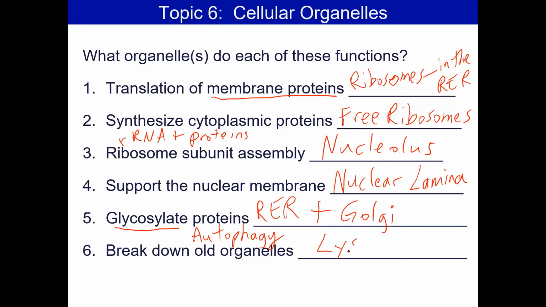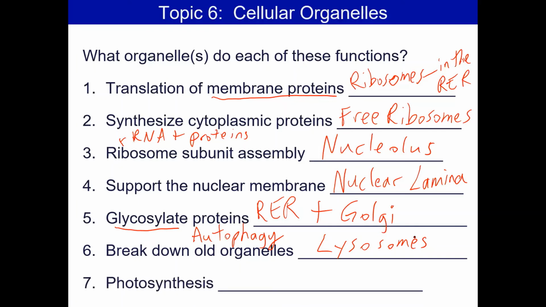They are the lysosomes. Okay, one more. Just enough room for one more. Had to give you an easy one. Photosynthesis. Hopefully everyone is thinking chloroplast. So there we go.